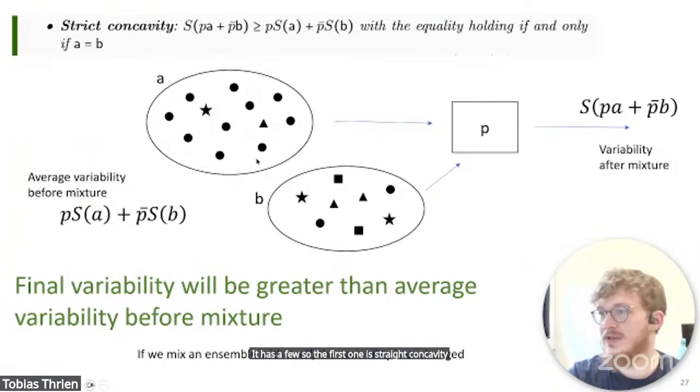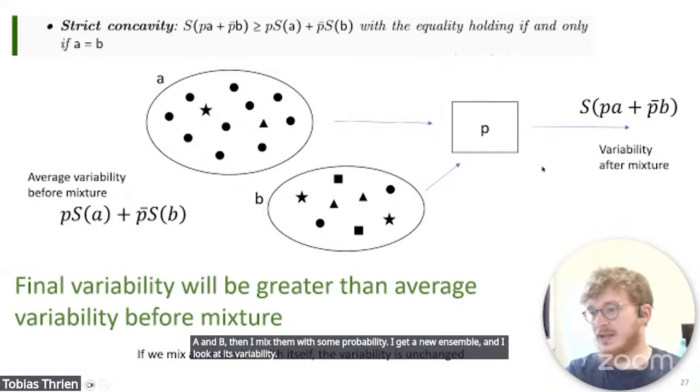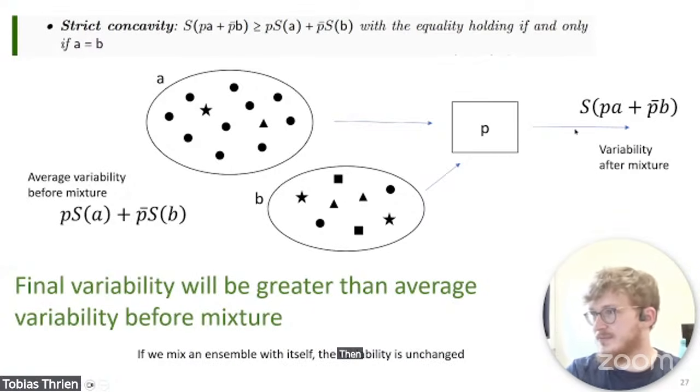If we take two ensembles, A and B, and I mix them with some probability, I get a new ensemble and I look at its variability. In general, this can be bigger than just the average of these variabilities.